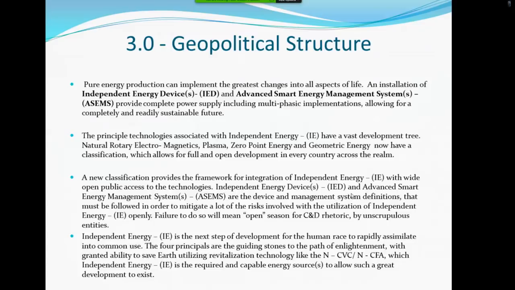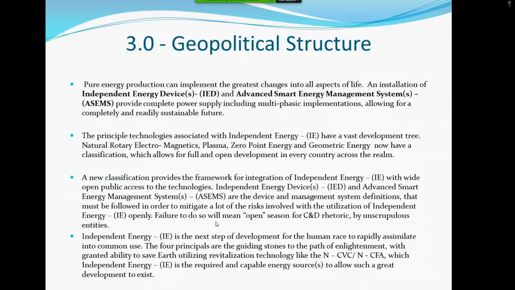So, as we see here, the framework for the integration of independent energy with wide open public access to the technologies, independent energy devices, and advanced smart energy management systems are the device and management system definitions that must be followed in order to mitigate a lot of the risks involved with the utilization of independently operating systems.